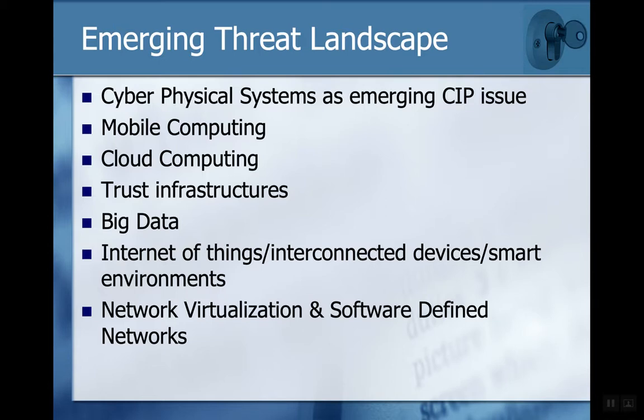Trust infrastructures: being able to trust who should be trusted, by what means, and what credentials would be needed to verify and monitor that trust. Big data: we're seeing more and more large volumes of data. The idea of compromising or contaminating a large data set.